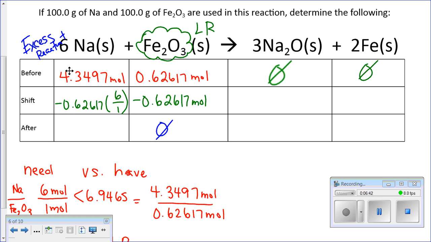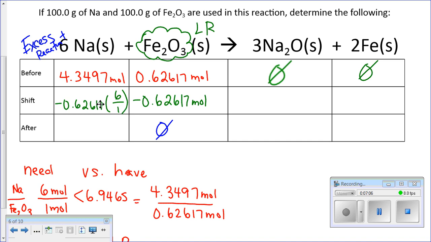For the sodium, I'm going to use up a ratio of 6 to 1 times the mole amount of iron 3 oxide that I have. I'm going to need 6 moles of sodium for every 1 mole of iron 3 oxide. So that's where my 6 to 1 ratio comes in.